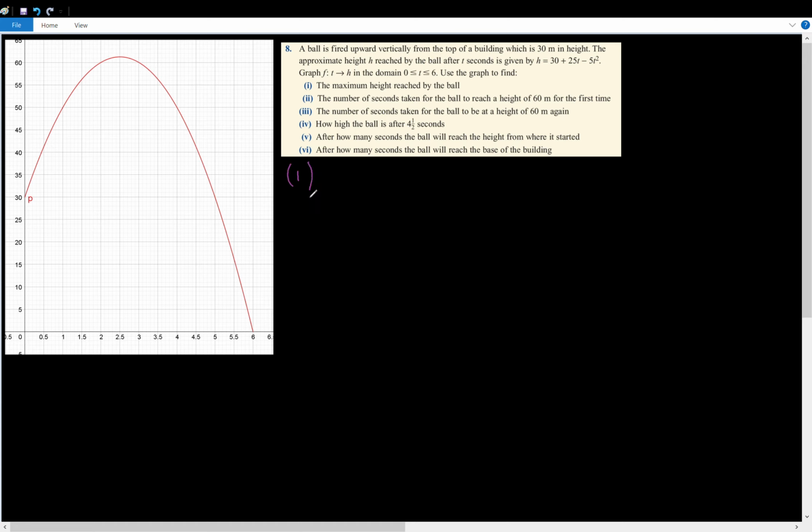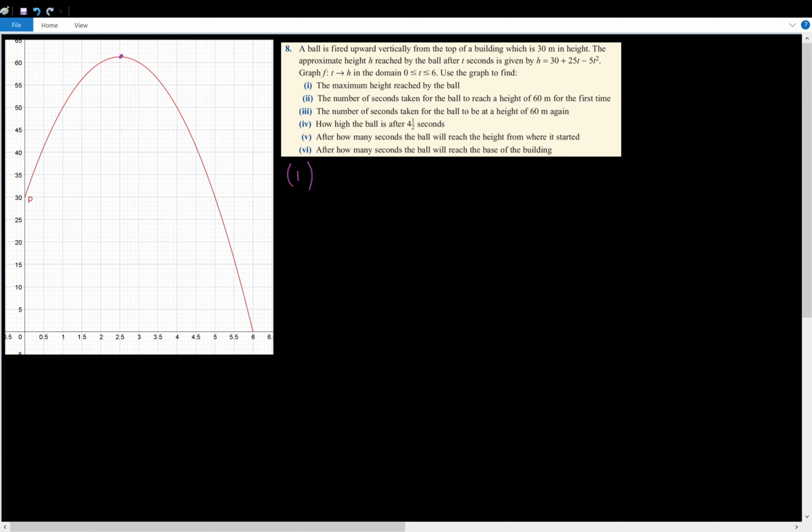So for part 1, we've got the maximum height reached by the ball is what we have to try and find out. So if we go to our graph, right at the very top of the curve, just up here, is where the ball is going to stop going up and then start going back down again.